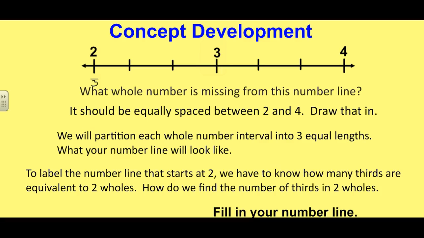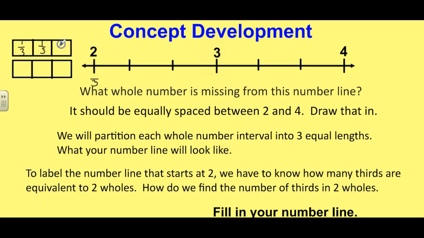So one way you can think of it, once again, is thinking of it as fractions. So if I have 2 wholes, and I've got 2 rectangles, I know that each rectangle has 3 equal parts. And I know that in order for it to be 2 wholes, both of these rectangles need to be completely shaded in. I know that each part on the rectangle is 1/3, so I'm going to label this 1/3.